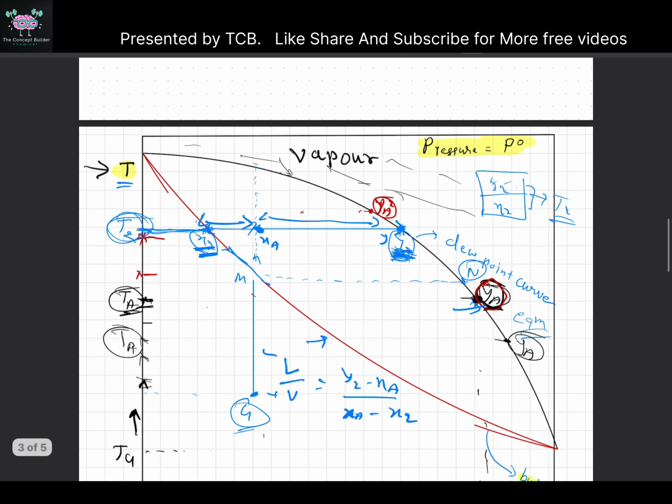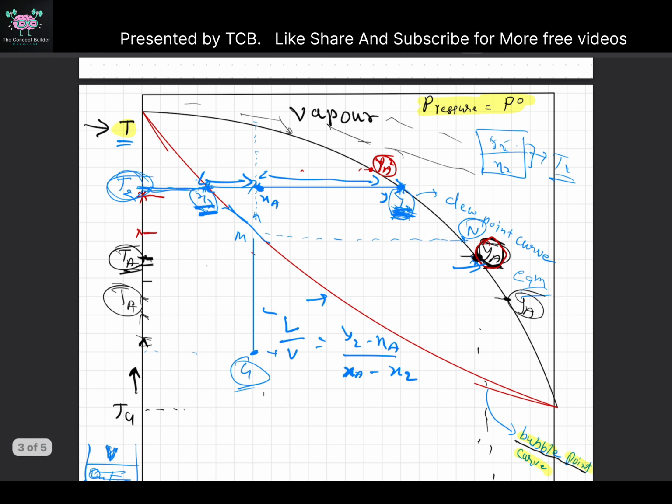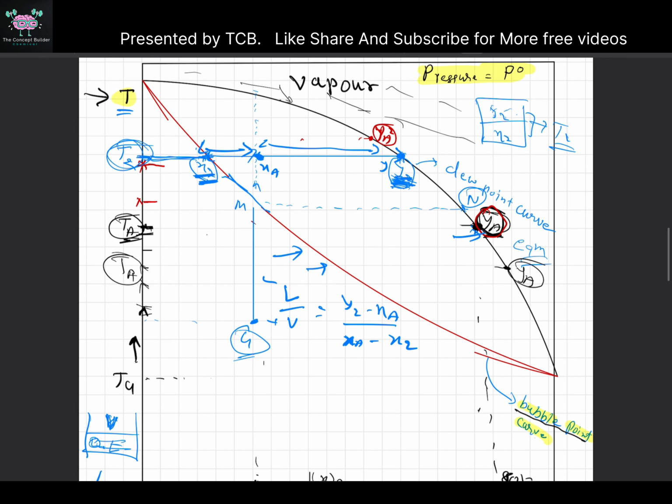There is another type of diagram which is made from this only, which you mostly see in McCabe-Thiele and all that, but the origin is this one. For the McCabe-Thiele famous diagram, the Y by X diagram that you have seen, the origin of that diagram also comes from here.